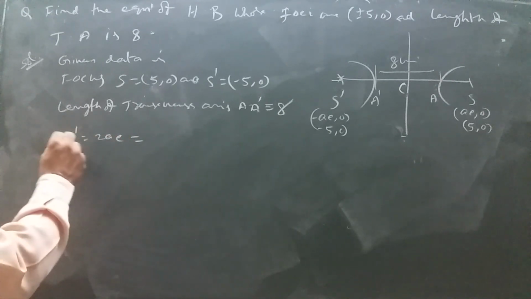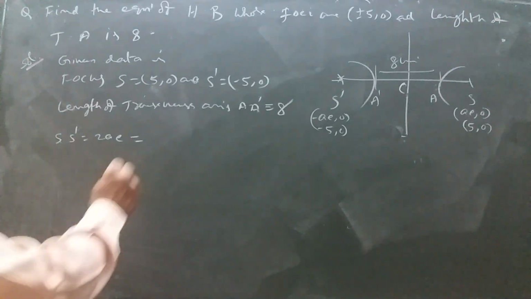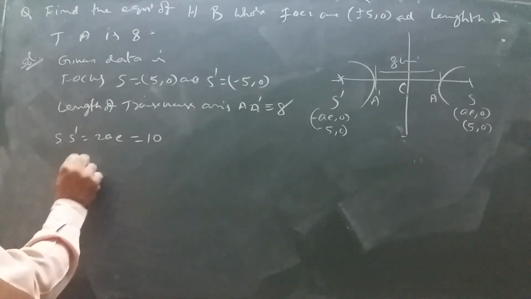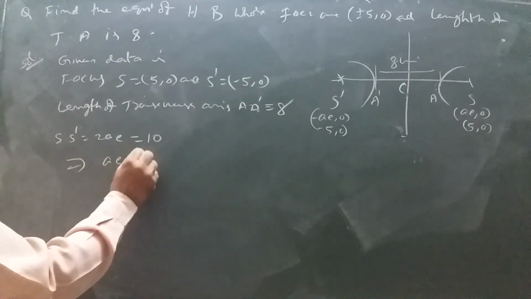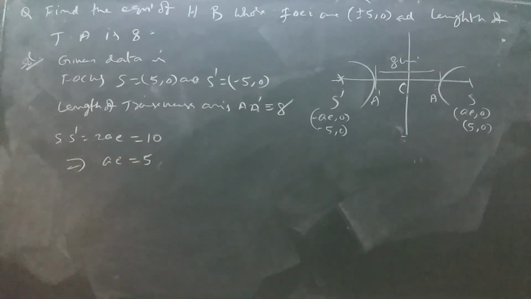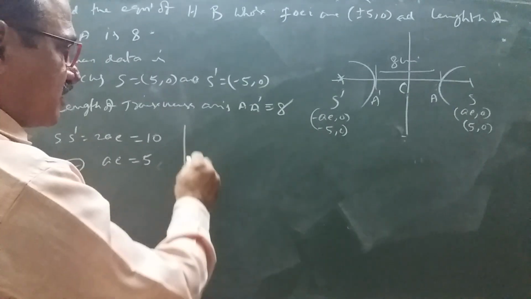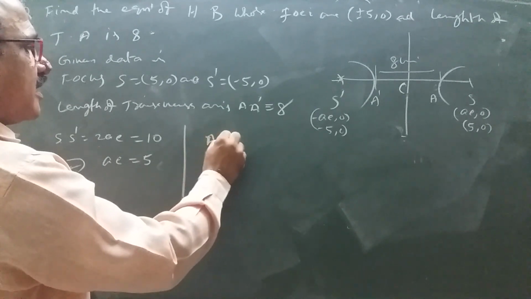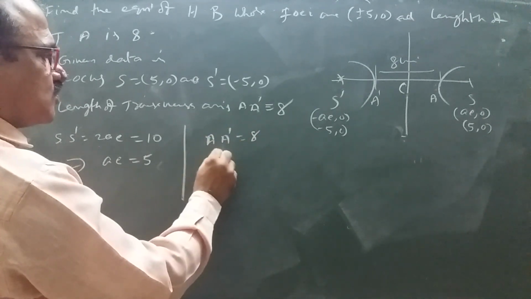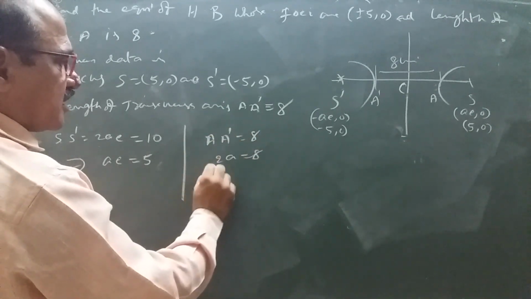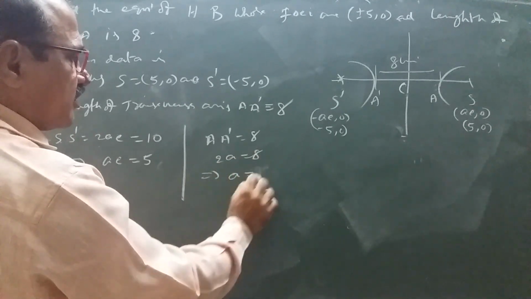What is given? 5 plus 5, 10. That implies AE is equal to 5. This is one part. Then AA dash is equal to 8. What is the length of AA dash? That means 2A is equal to 8. That implies A is equal to 4.